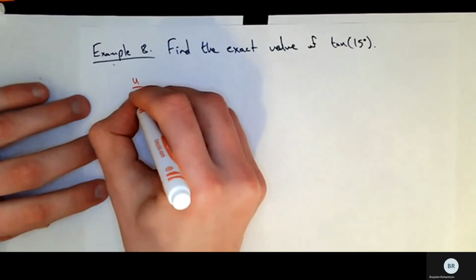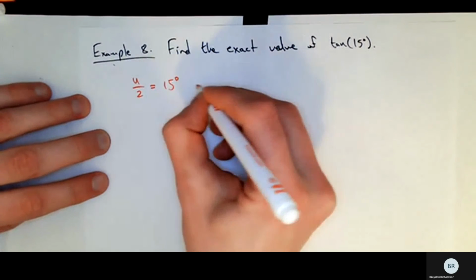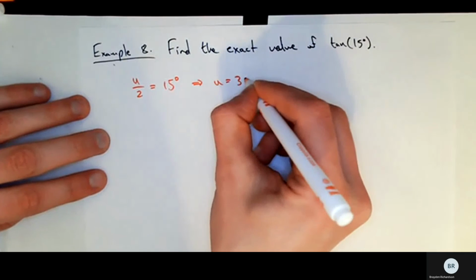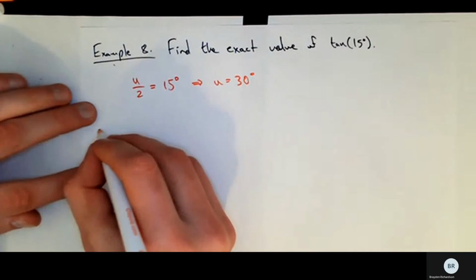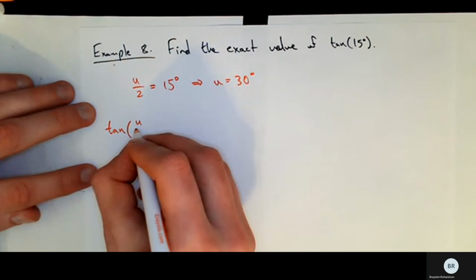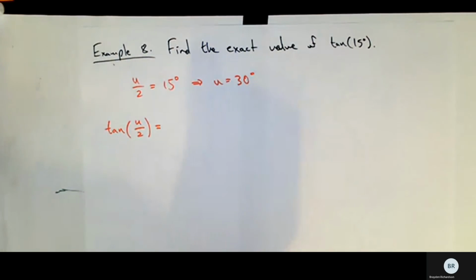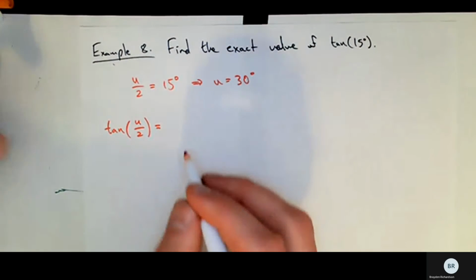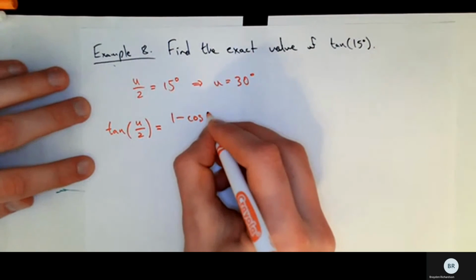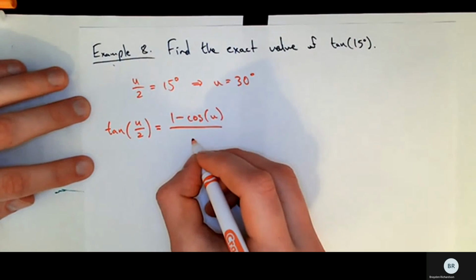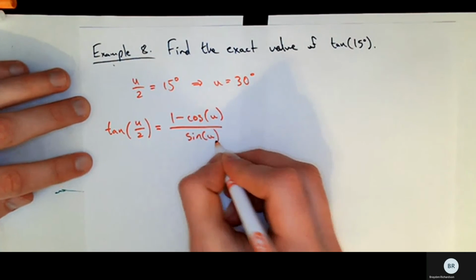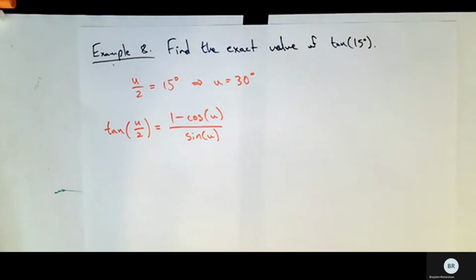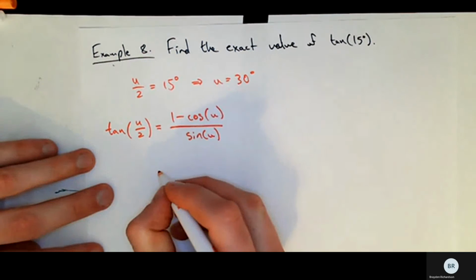I see that u over 2 is 15 degrees, so that means that u must be 30 degrees. And my formula for tangent of u over 2, sorry, did I say t earlier? I meant 2, is equal to, right, now I have options here. 1 minus cosine of u over sine u, or sine u over 1 plus cosine u. I'll just use this one. It's the first one I wrote down.